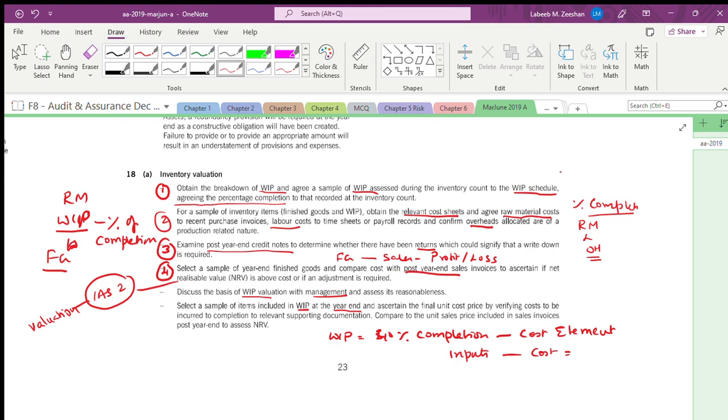How is the work in progress calculated? Work in progress is calculated based on the percentage of completion of the work. Finished goods, total cost. That is the basic difference which we are going to identify.